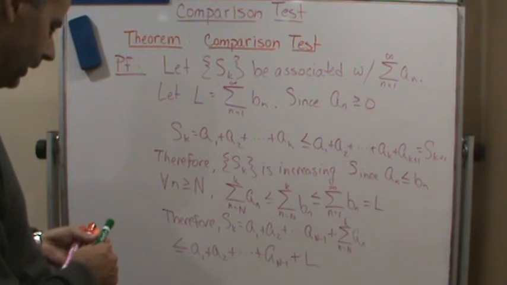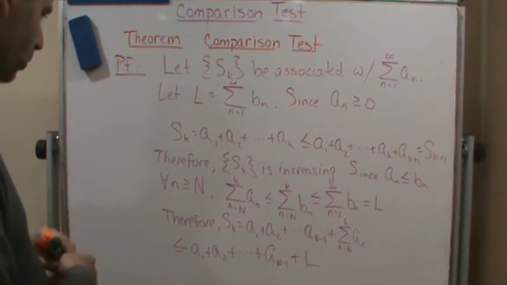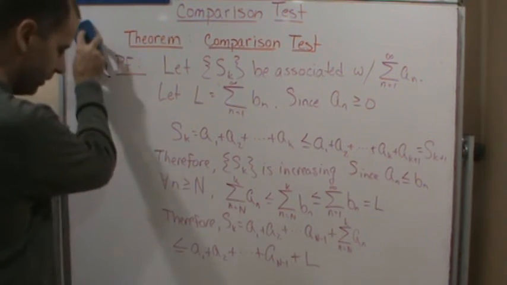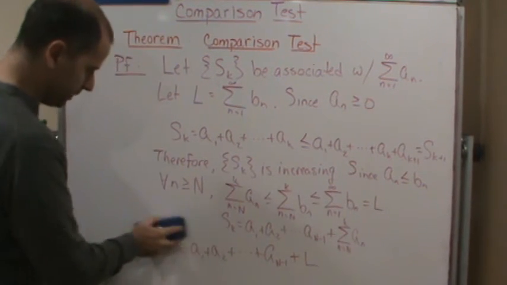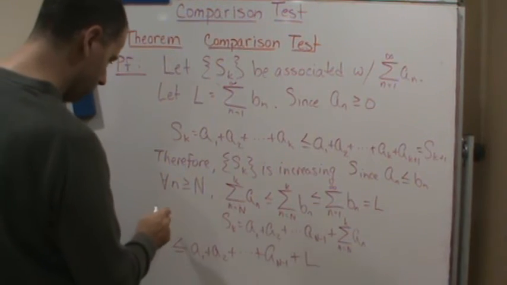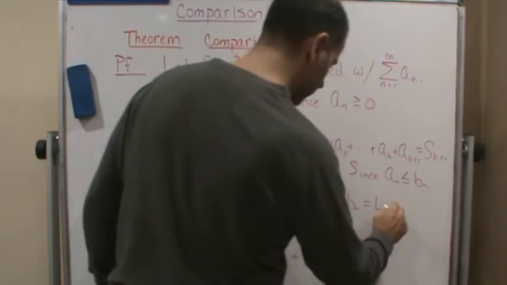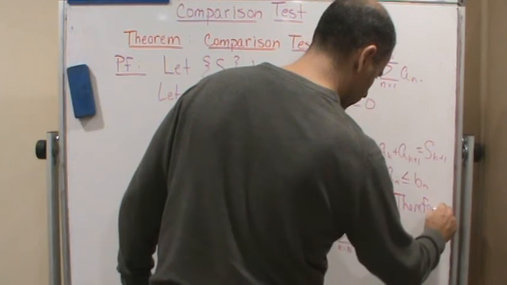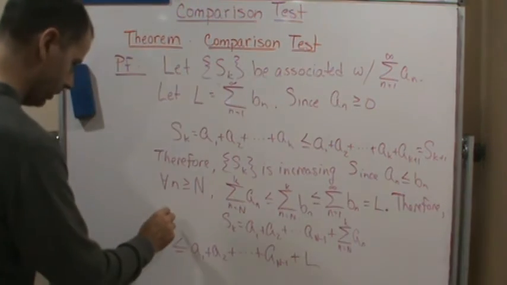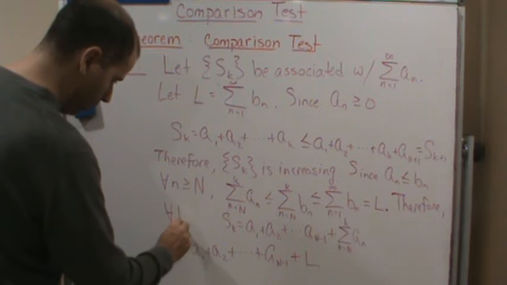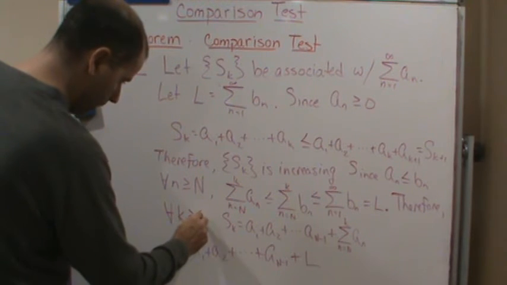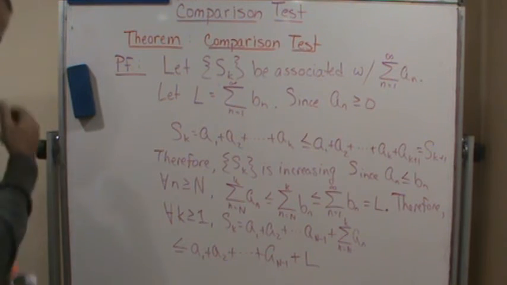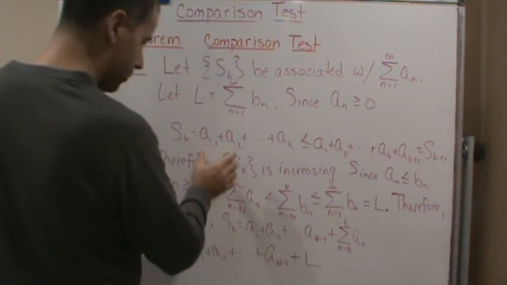Oh, and by the way, I missed a piece here. This is true for all, I missed one piece here. This should be for all, so let me do this. Therefore, for all k greater than or equal to 1, this must hold, right?